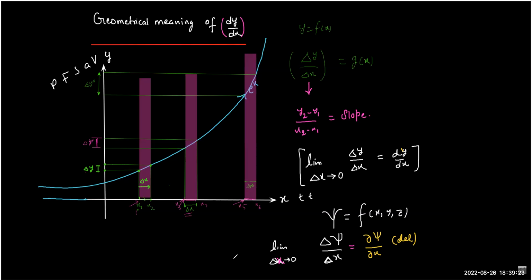Okay. So if I make delta y equal to 0 and delta z equal to 0 and delta x tending to 0, because I am trying to bring some change in x, but I'm not trying to bring any change in y or z, then this is called partial derivative.